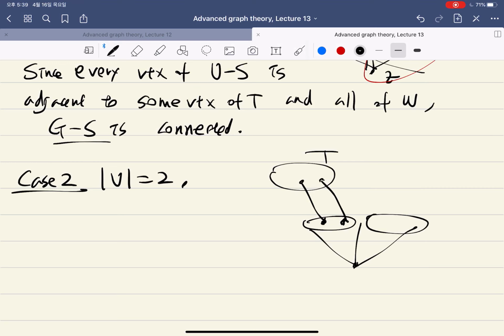They might send to the same vertex, but at least one edge, one edge. And we have W here, and then this is adjacent to all of them, and all of them.